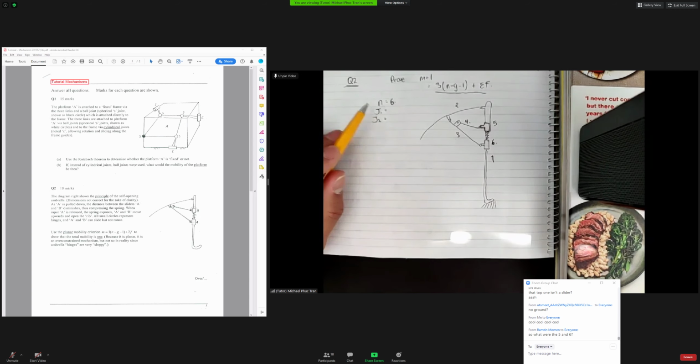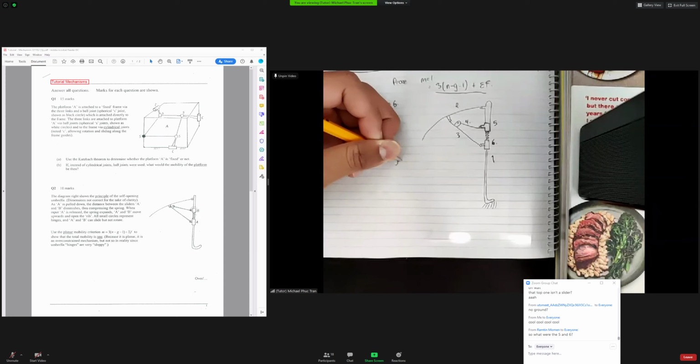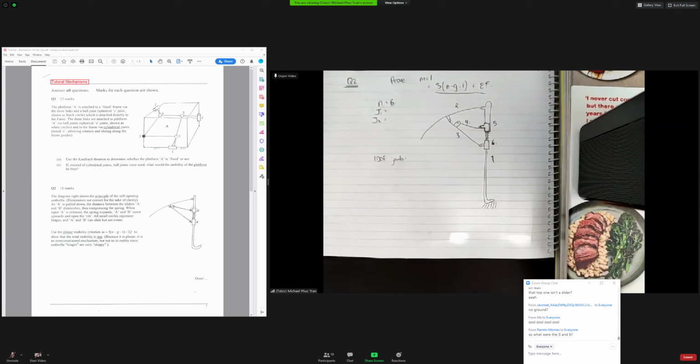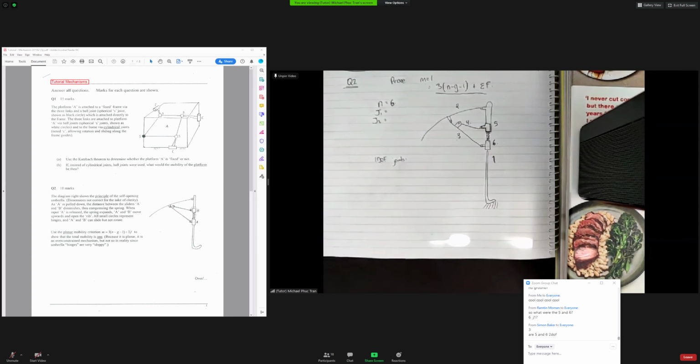Let's go with joints. How many single degree of freedom joints have we got? Six J1s. All right, let's count. Simon says 3, because he reckons these are 2 degrees of freedom, aren't they?